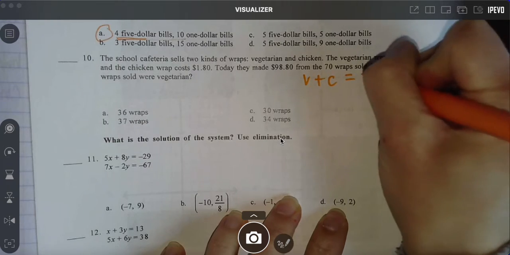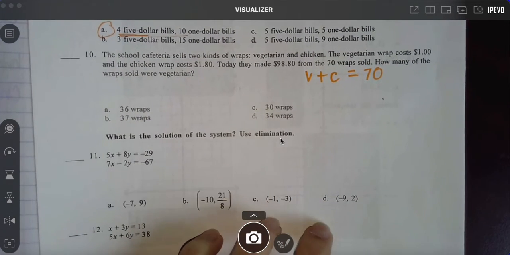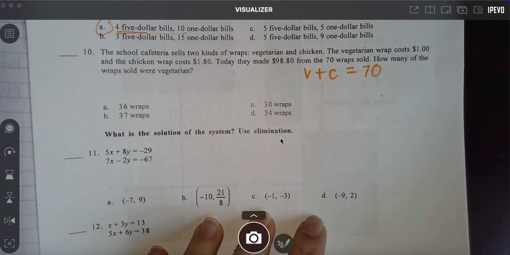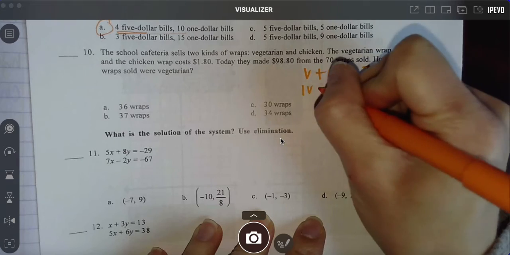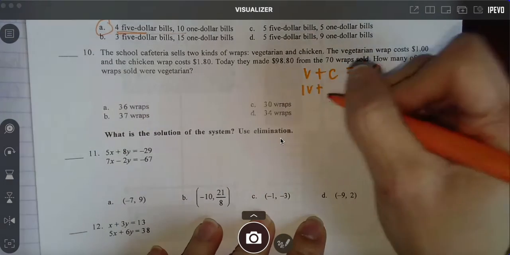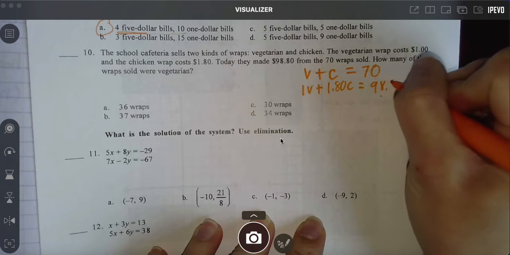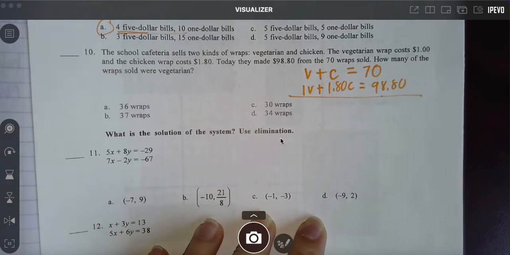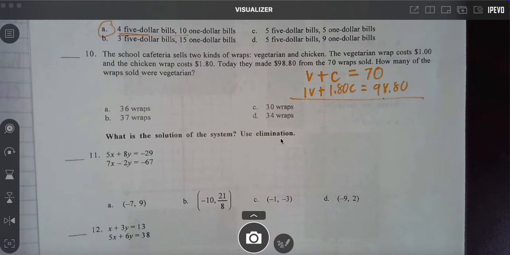70. Okay. Now let's talk about the amounts, how much everything is worth. What is the amount for vegetarian wraps? $1. So I'm just going to put 1V. What's the chicken wraps? 1.80 for chicken, and it totals to $98.80. Now you could plug and play. Okay, you can do that.